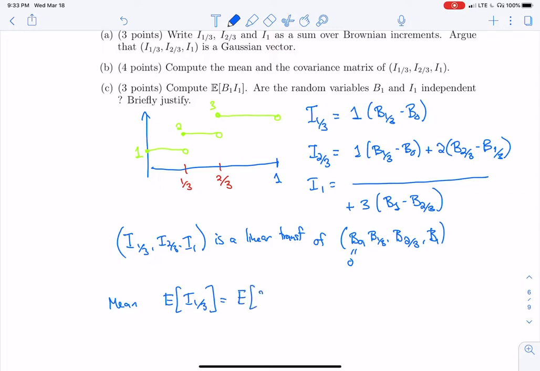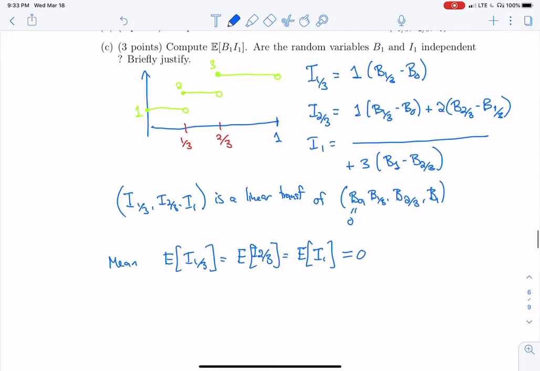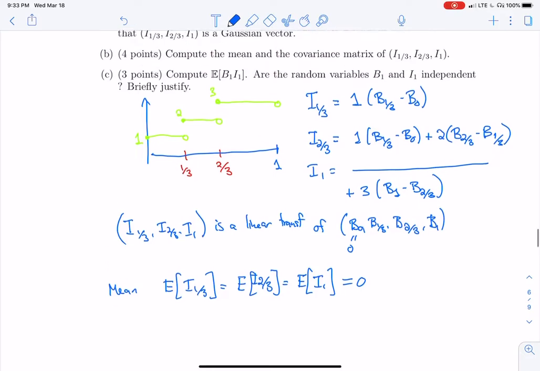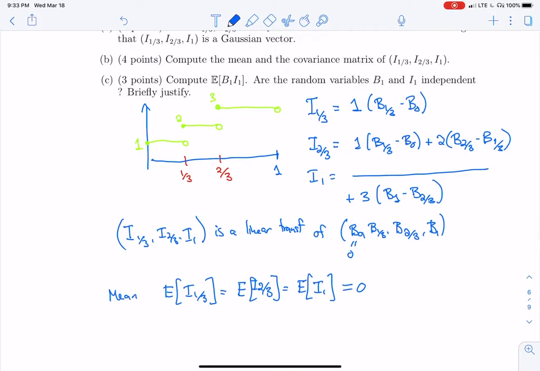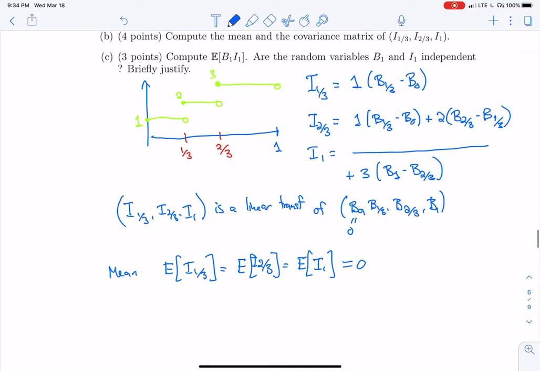And it's kind of obvious from the definition, because if I do the mean, for example, of the last one, it's the mean of this plus the mean of this plus the mean of this, but this is just the mean of the Brownian increment, which is 0. Again, Ito integrals have mean 0. Now what about the covariance matrix? That's a little bit of calculation.